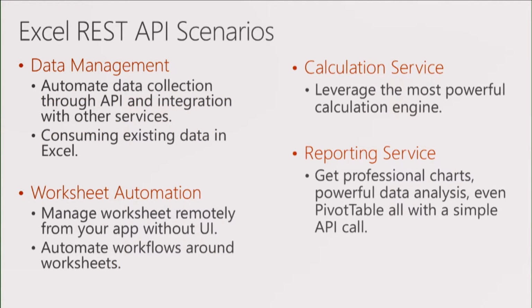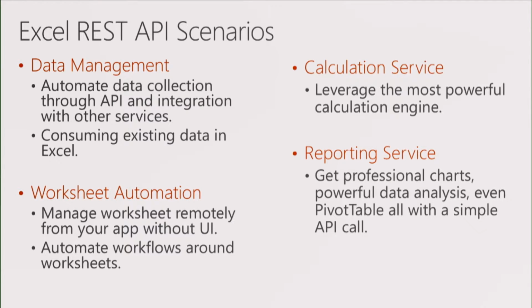OK, so what are the types of scenarios that you can achieve using Excel REST? First of all, data management. We have a partner today called Zapier. I'm not sure if you're familiar with them, but they do automation of workflows. You can build workflows into kind of like an if this, then that scenario.